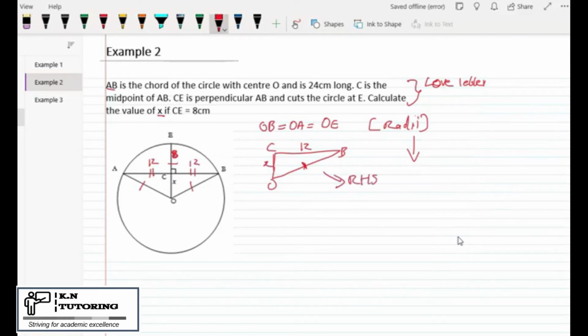And from here I can see that I'm dealing with a right angle triangle, because this is a 90 degree. So once I'm dealing with this, I know that I must use Pythagoras theorem. Every time you see a right angle triangle, every time you see theorem 1, line drawn from the center perpendicular to the chord, just know that you are going to apply theorem of Pythagoras somewhere. And theorem of Pythagoras is what we've covered in the previous grade.